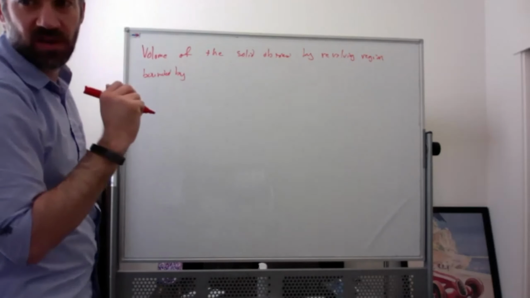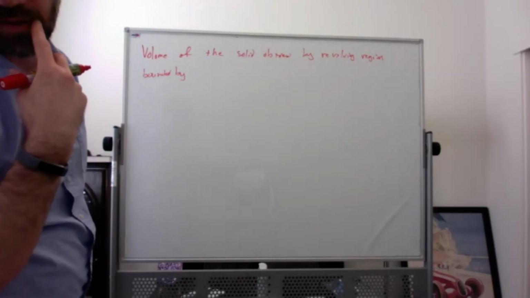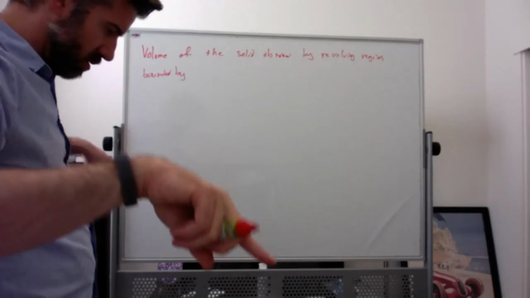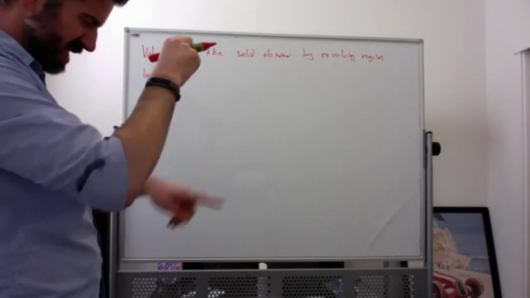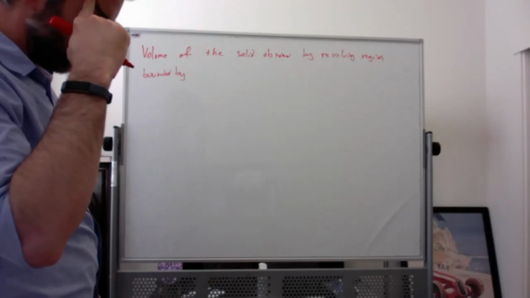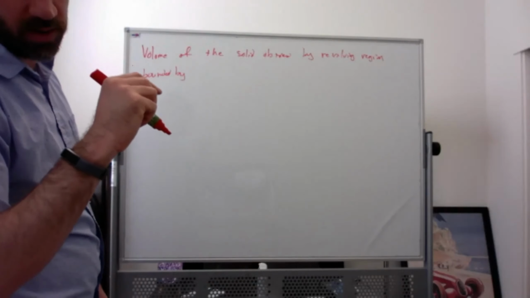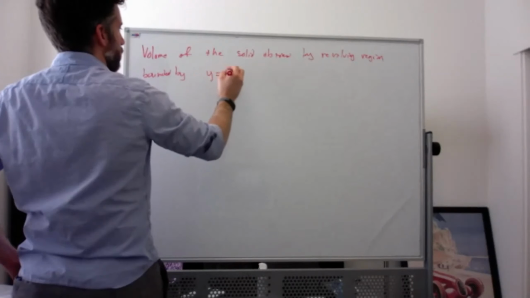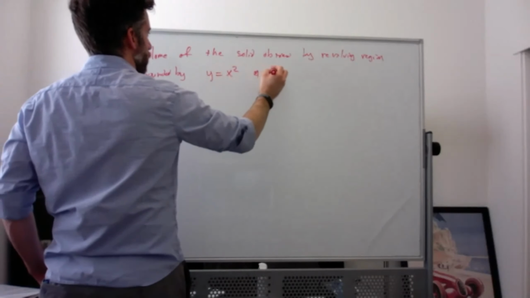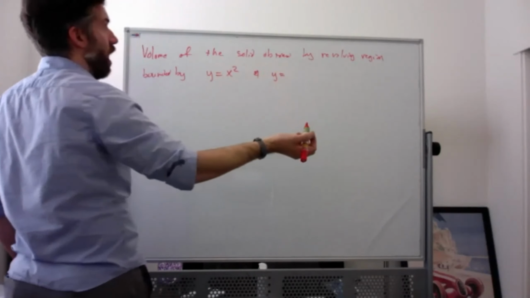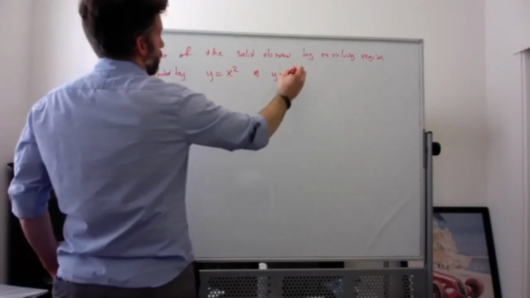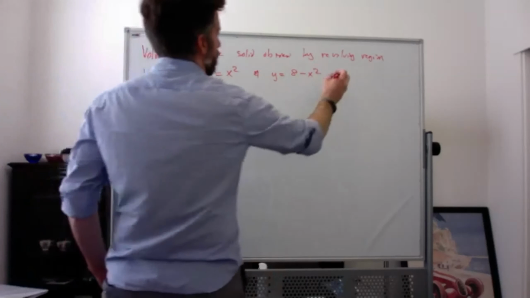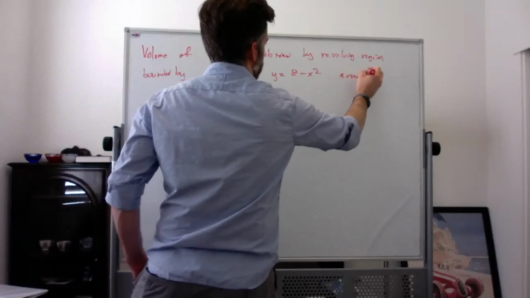Do I really want that? That seems kind of funky now that I think about it. So let me think for 1 sec. No, that's not what I really want. I'm going to do this by y equal to x squared and y equal to 8 minus x squared. Is that too easy? No. Around the x-axis.